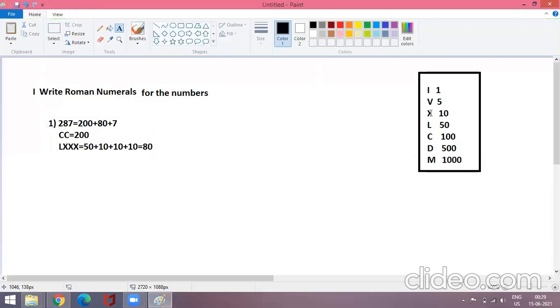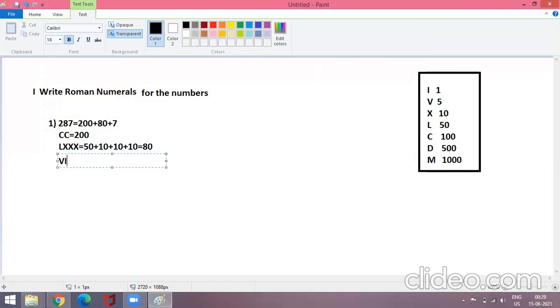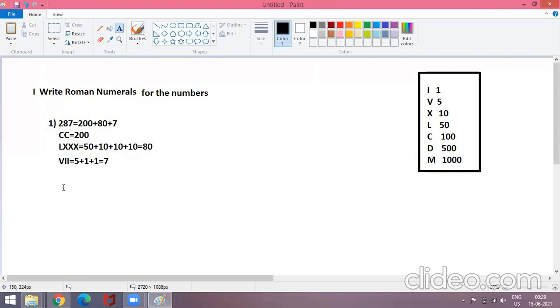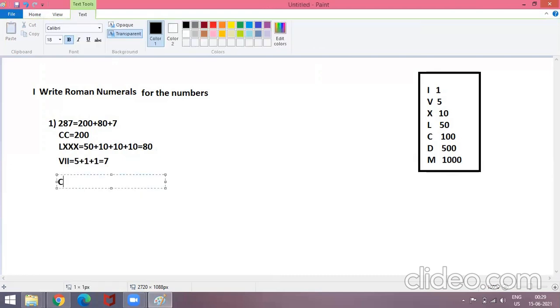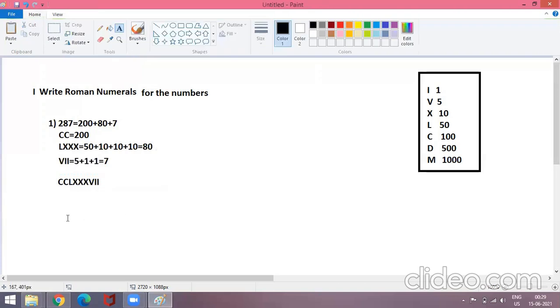Correct? Now for 7, we know already, right? For 7, it is nothing but VII, which is equal to 5 plus 1 plus 1, which is equal to 7. So merging everything together in descending order, the result is nothing but CCLXXXVII, which is the answer for this question.